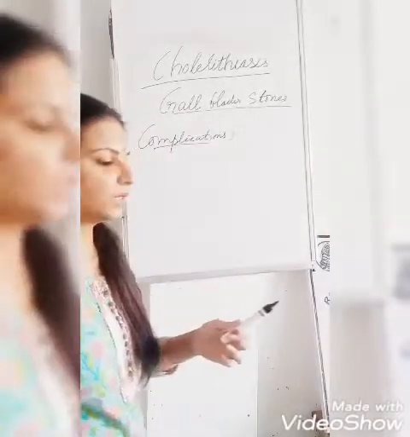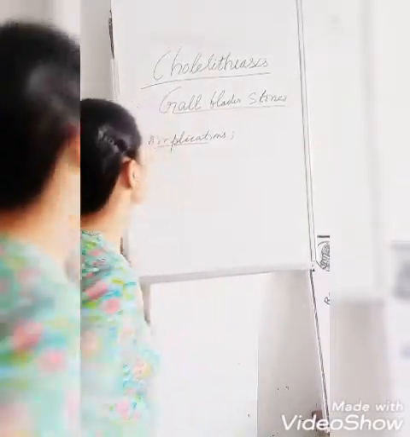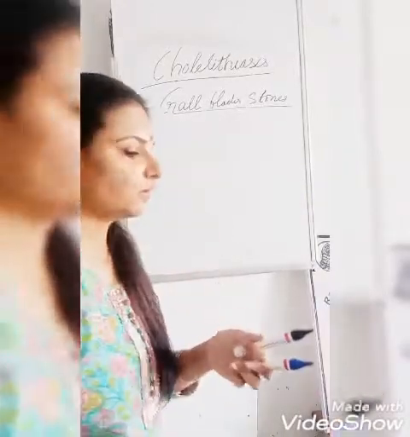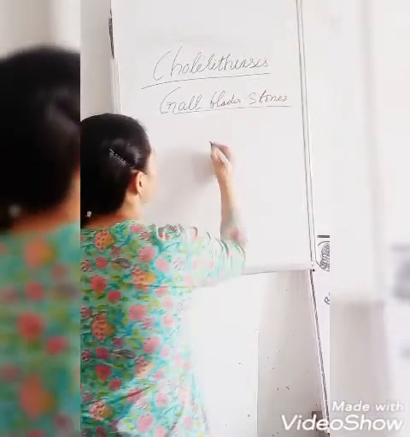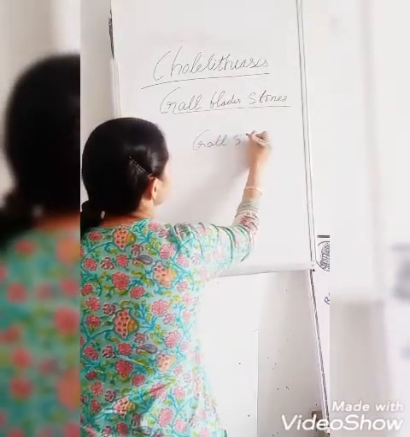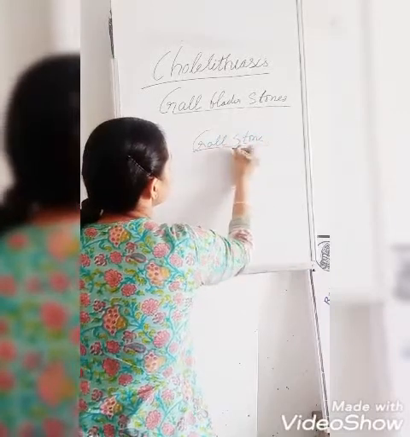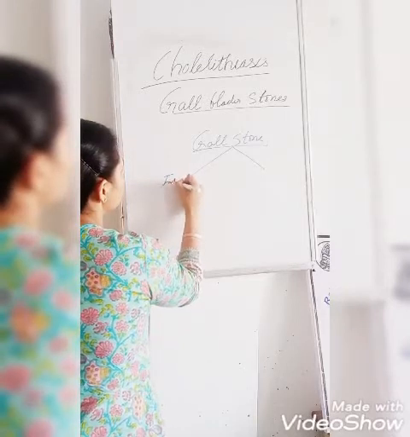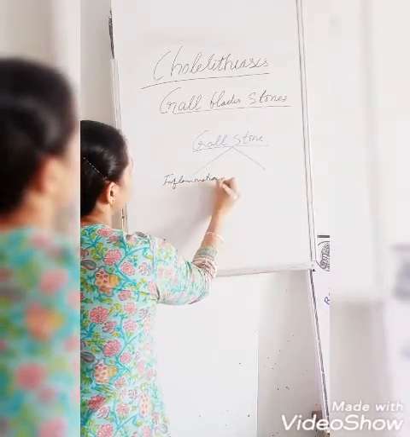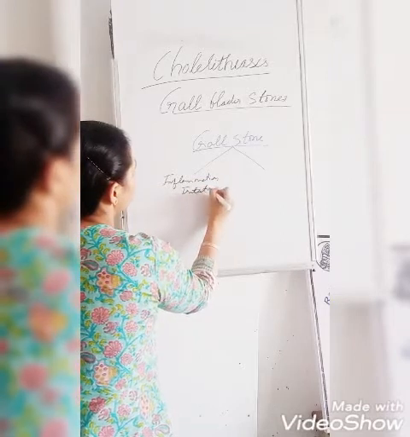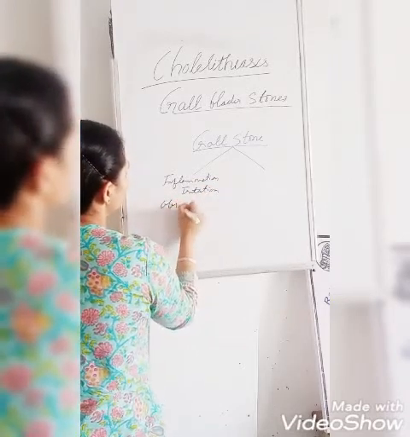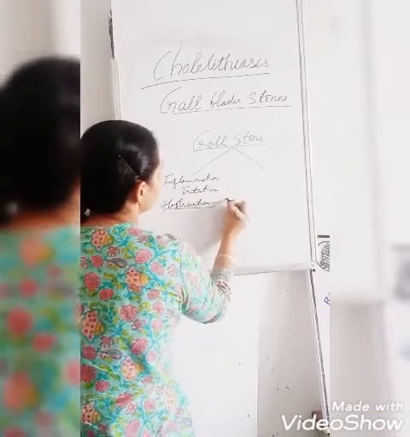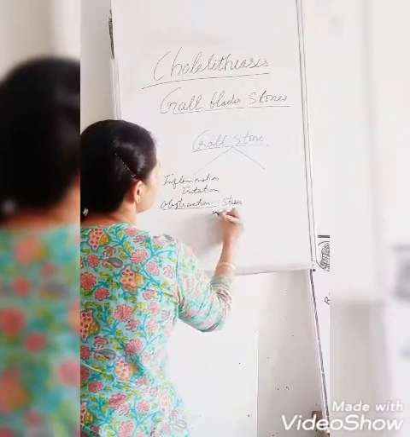How does this occur? When the stone is in the biliary tree or in the gallbladder, the gallstone will cause, first, inflammation and irritation, then obstruction to the flow of bile. So there will be stasis of bile.